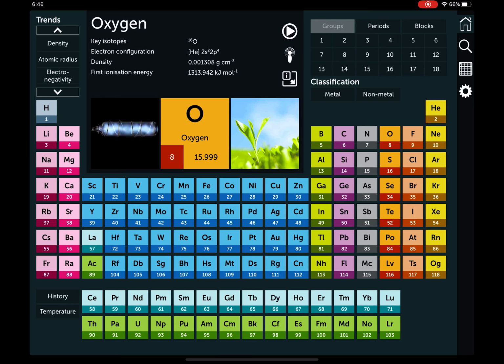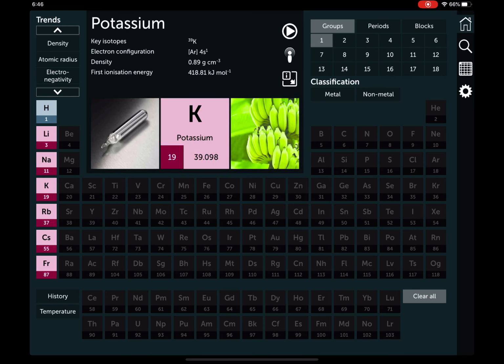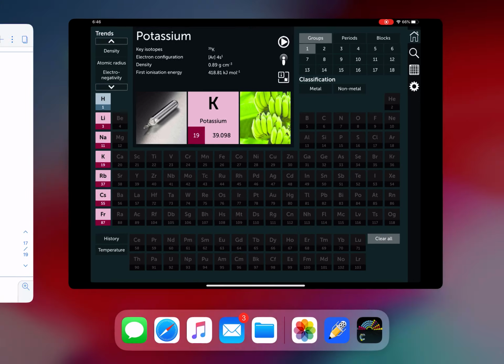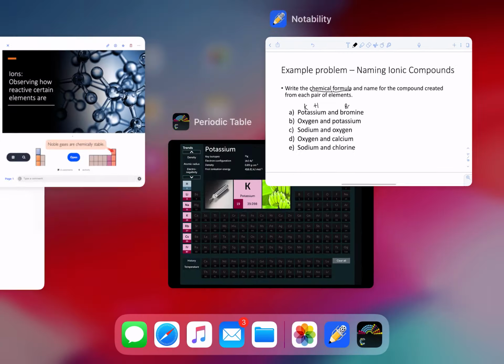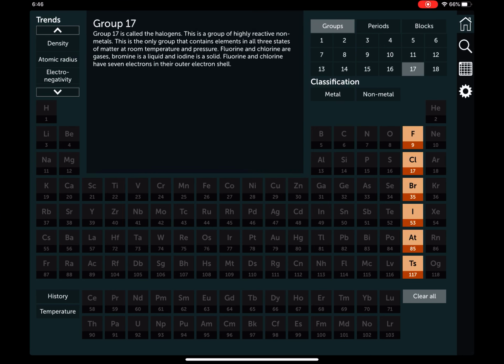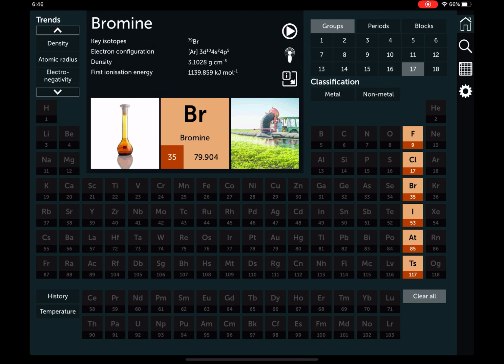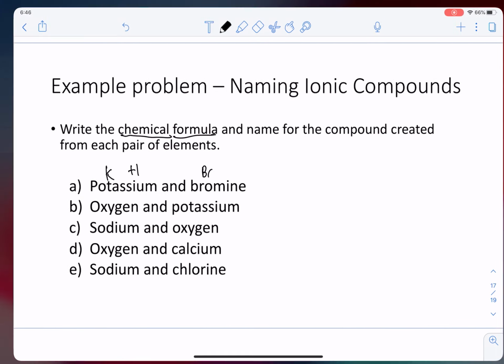Potassium's in the first column. It's number 19. So any element in that column is going to form a +1 charge. Bromine is in the second to last column, number 35. And anything in that column or group is going to form a -1 charge.